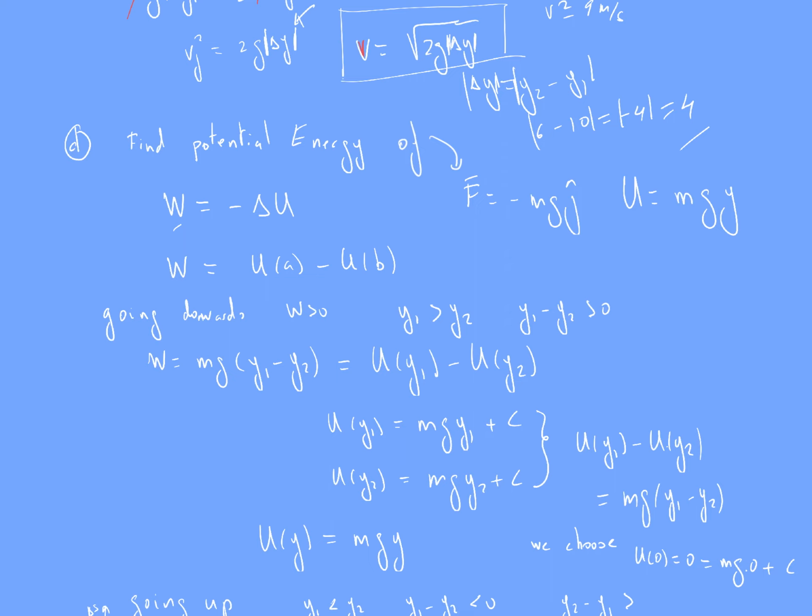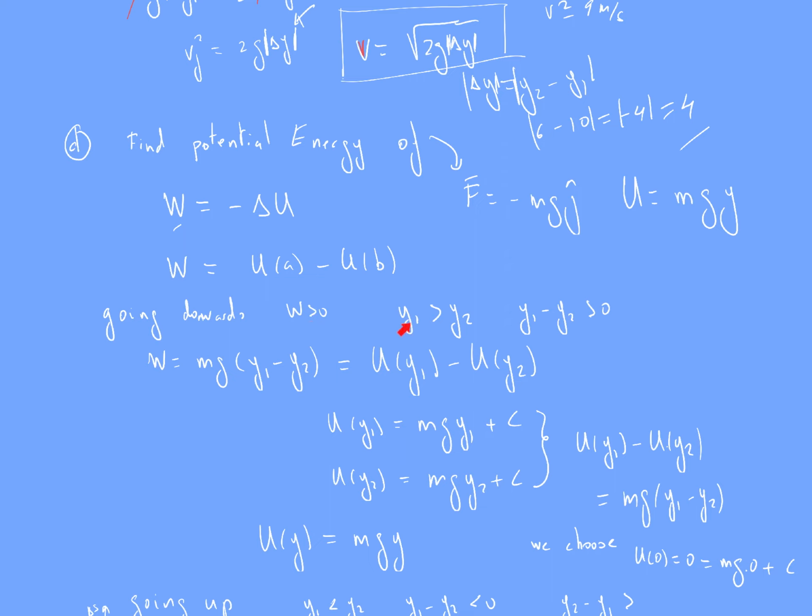The work is the force in the direction of the displacement. Going downwards, the work is positive because the force is going downwards and the displacement is going downwards, so the work will be positive.